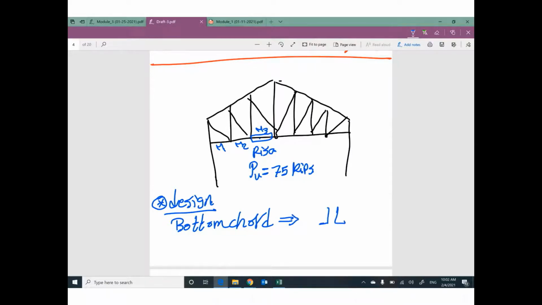Can be written like this, or can be written like this, 2L, or double angle. So I take a decision. Any member at the bottom chord, all of them will be tension. I decided to use double angle. It's up to you. If you would like to use single angle, nobody can say it's wrong. But the common sense, we are using double angle.